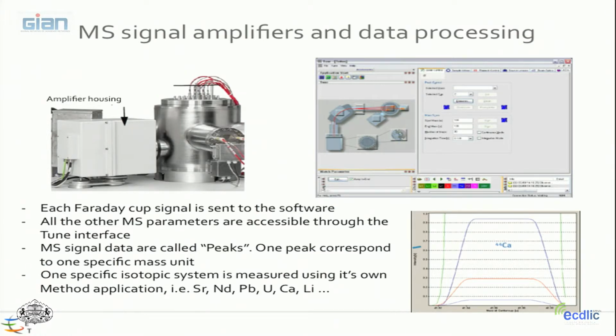For strontium, for example, the real mass of strontium 87 is 86.98-something, and we go from, for example, 87.97 to 87.98. This is a very precise centering on the cup. You consider that the machine is correctly tuned when you have a flat peak and a large space to measure the intensity of your peak. This is a very good measurement of calcium: all the peaks are centered and all are flat.